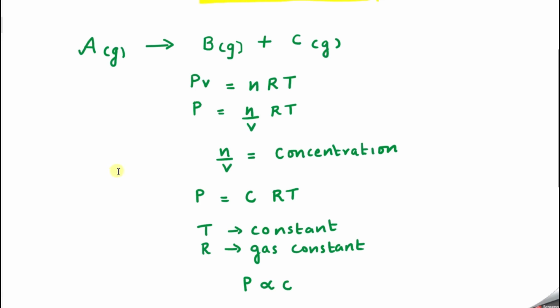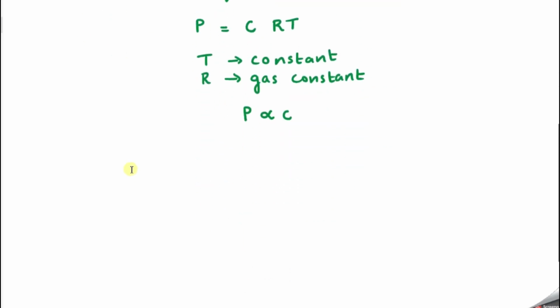So wherever you are using the concentration term, I can use pressure instead. Correct? So let's rewrite the equation one more time. That is A, which is in gaseous state, getting converted to B and C. These two are also in gaseous state.